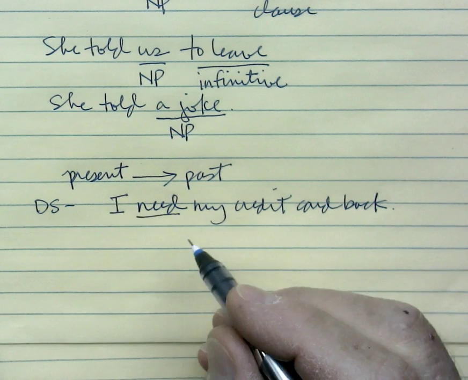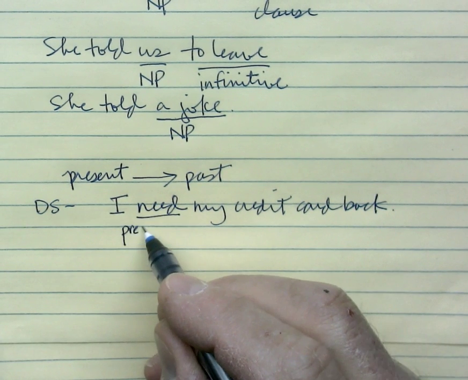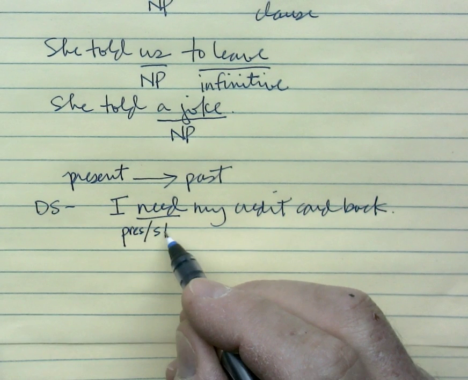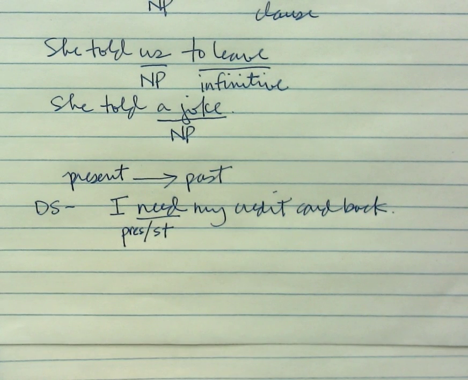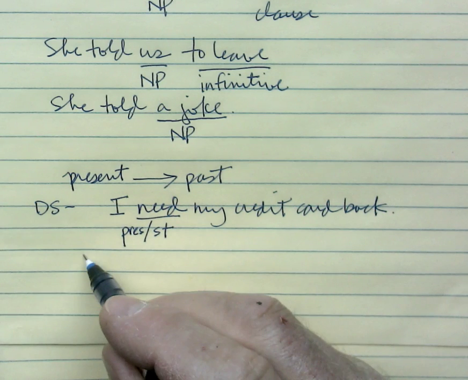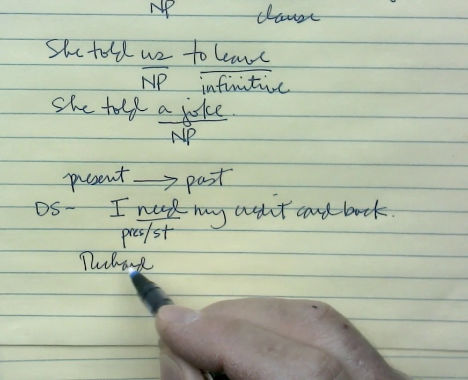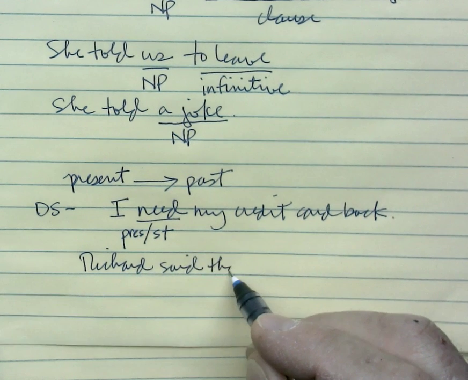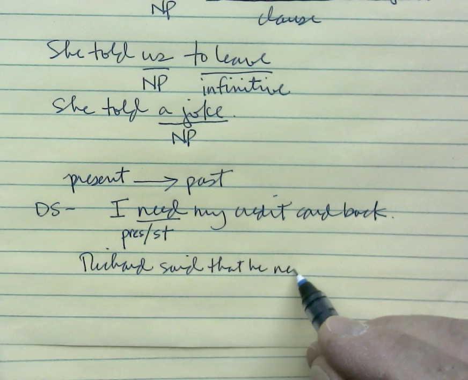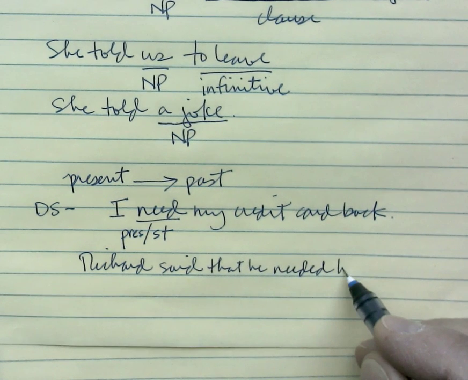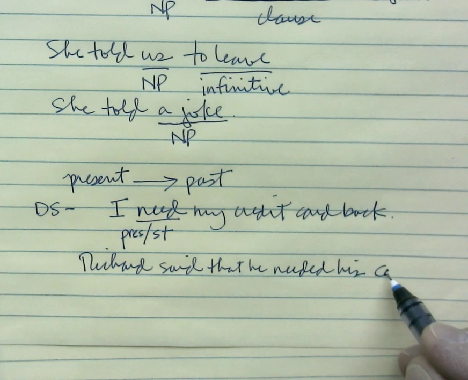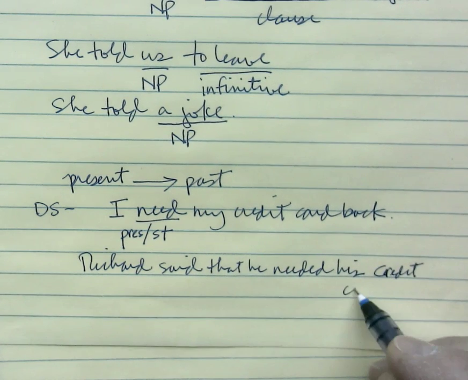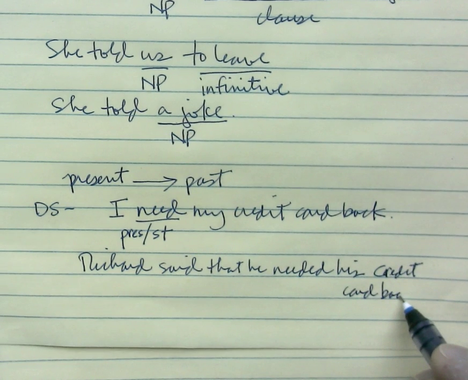So the verb need is the present, same time. But then he says, what did you say? And my friend says, Richard said that he needed his credit card back.